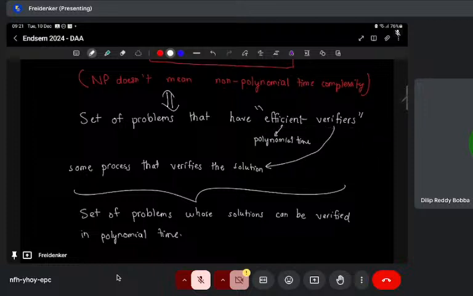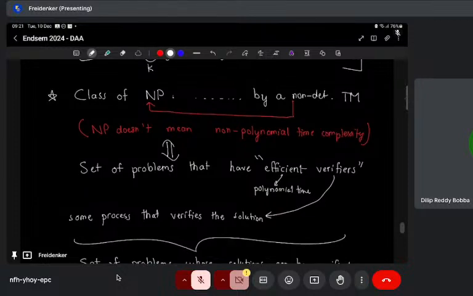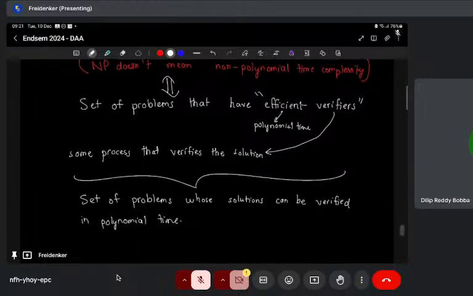The set of all such problems makes up the class NP. We'll just take it as true for now; we will not see why this is true.